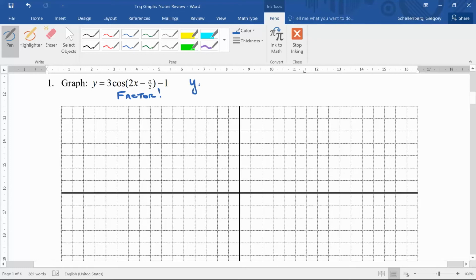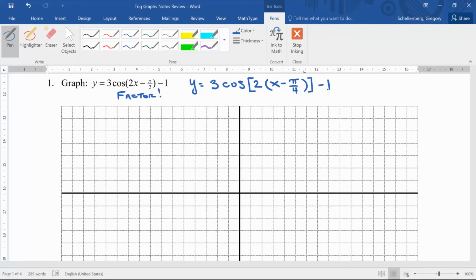And what we would end up with is y equals 3 times the cosine of 2 times x minus pi over 4 minus 1. Okay, so there's the equation we're working with, and we can now go and set up the graph.